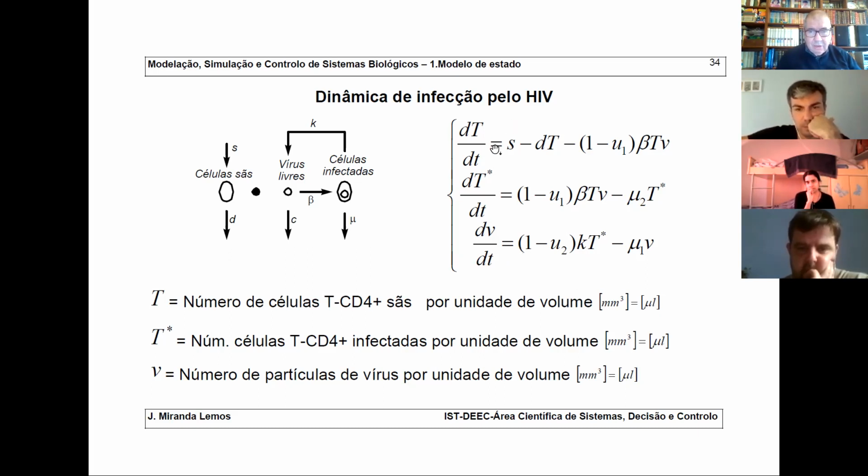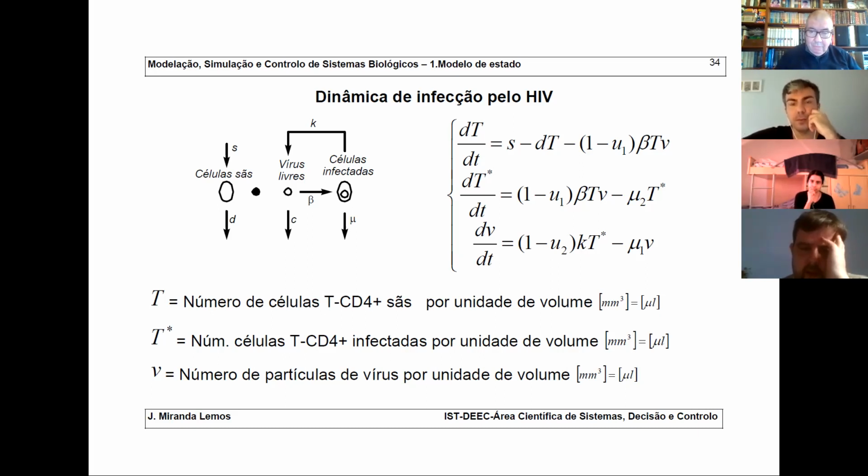If T star and V are 0, this term vanishes, so this derivative is obviously 0, also here. So let's look at the first equation. V is 0, so this term is not there. What you get is dT = s - dT. What is the value of T that makes this vanish? We solved it 10 minutes ago. It's T equal to s divided by d, not 1. Equate the derivative to 0.